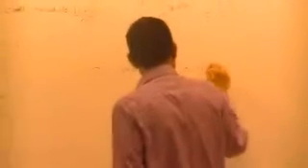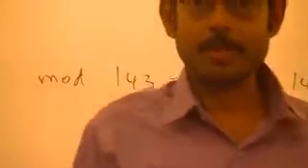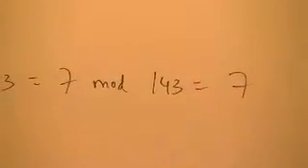So you have to find 7 raised to 1 mod 143, 7 square mod 143, 7 raised to 4 mod 143, 7 raised to 8 mod 143. 7 raised to 1 mod 143 is 7 mod 143, that is 7. Anything divided by a larger integer is that integer itself.